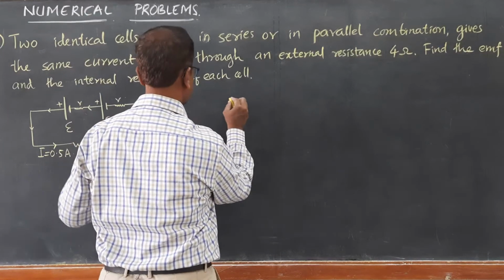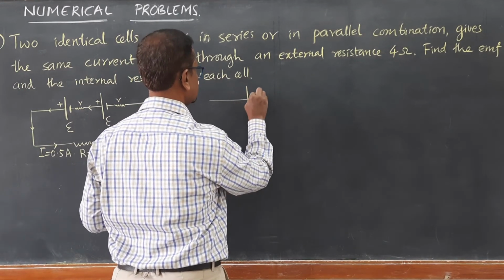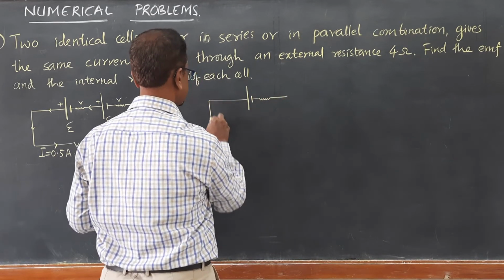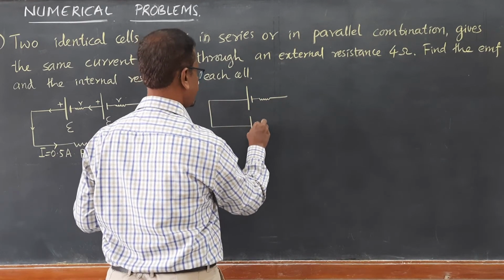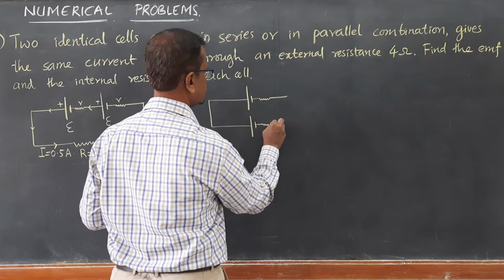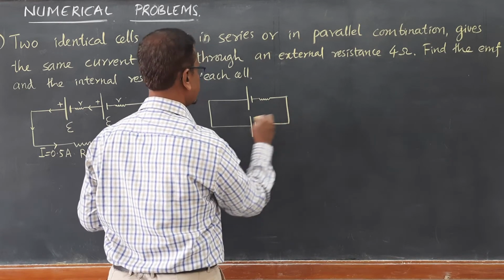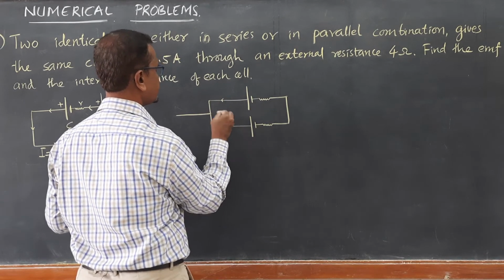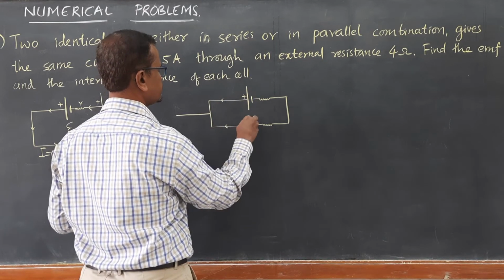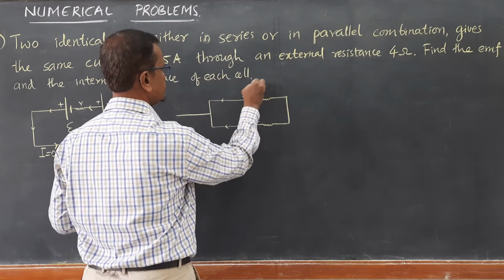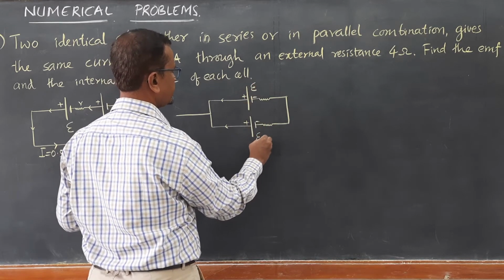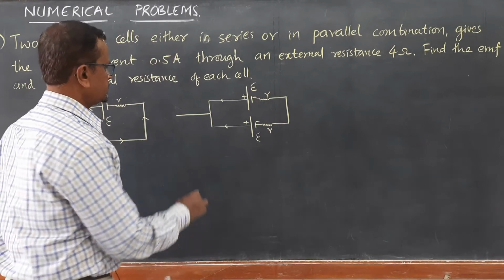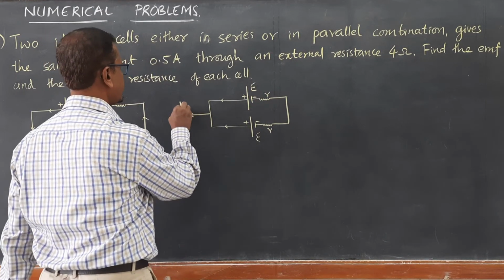When the same cells are in parallel, right? When they are in parallel, the same identical cells are sending the current in the same direction, positive to positive, negative to negative. This is also EMF E and EMF E, internal resistance r, internal resistance r. They are sending the combined current.